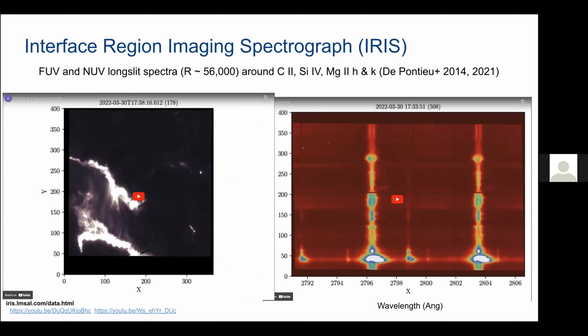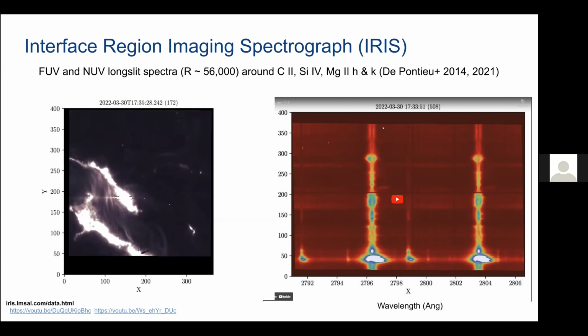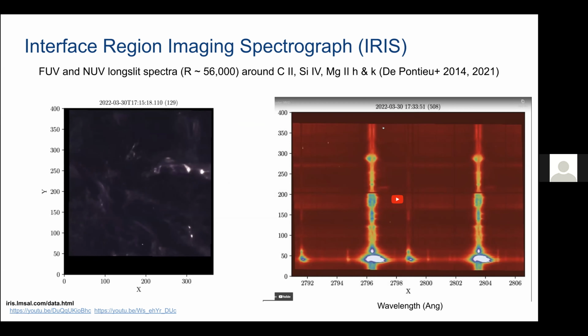The Interface Region Imaging Spectrograph, or IRIS, a NASA mission up there, has provided some awesome flare data for us, particularly spectroscopy in the near ultraviolet around the magnesium-2 lines, and in the far ultraviolet around the carbon-2 and silicon-4 resonance lines. So here's a movie from IRIS. You'll see the same behavior as before, pretty much, where the ribbons light up and spread apart, and then the loops get a little brighter later on.